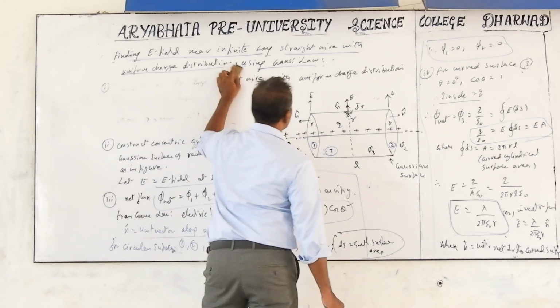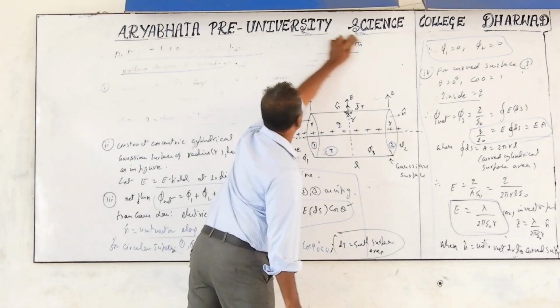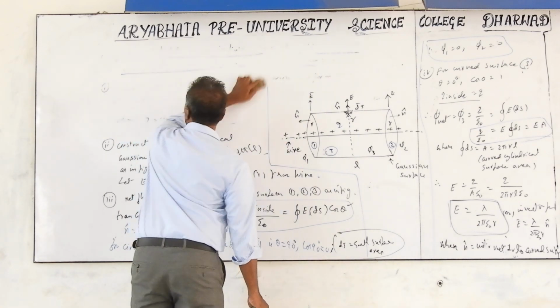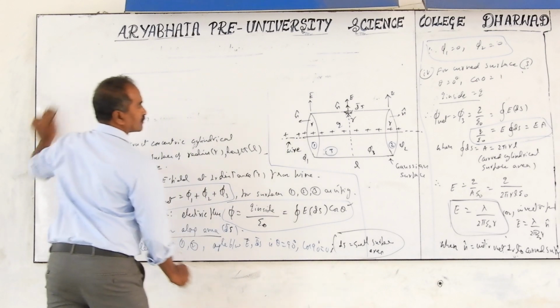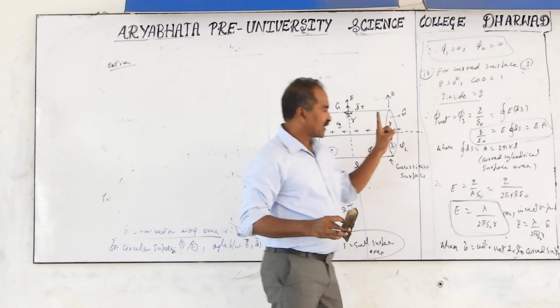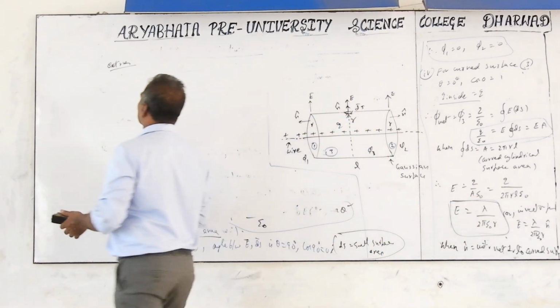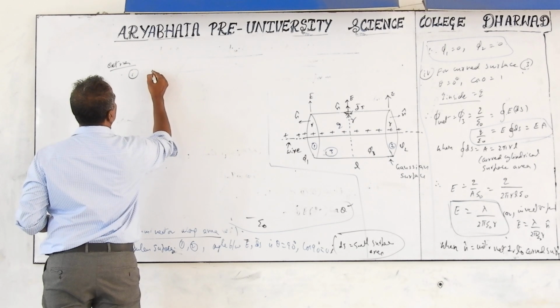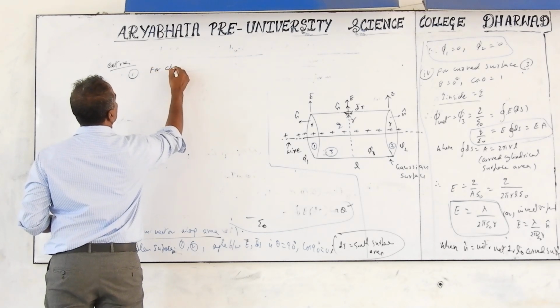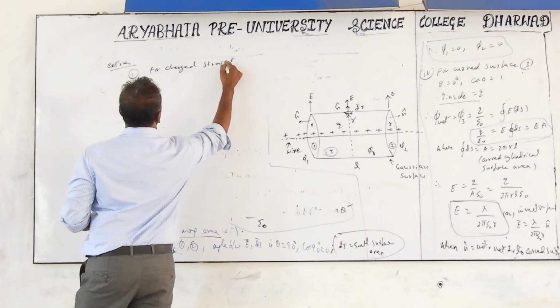Extra points related to this: for your derivation 3 marks question, you have to go up to this. For numerical purposes, as an extra point, you can take it for a charged straight wire.